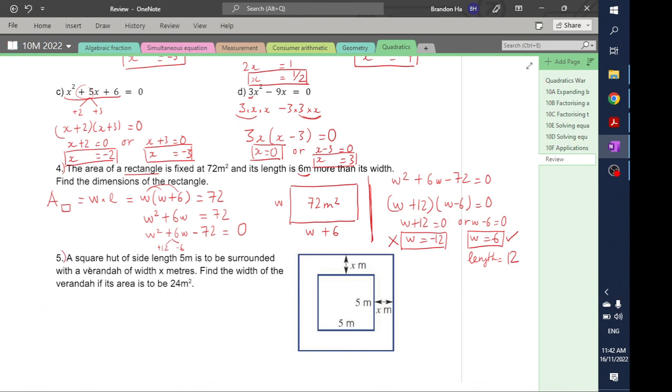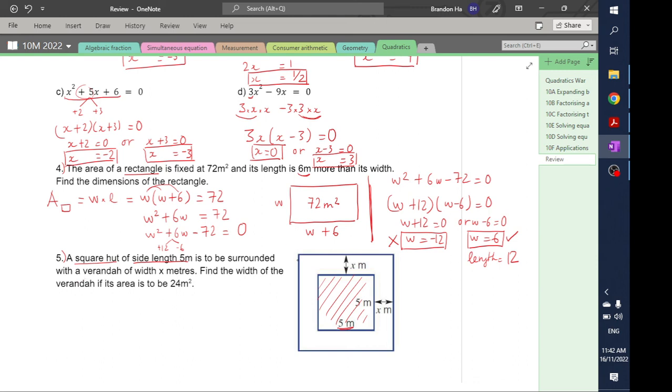Let's take a look at number 5 here. A square hut, side length of 5 meters. So they're talking about the one inside here, right? That is a square hut with length of 5 meters on each side, to be surrounded with a veranda. What is that?